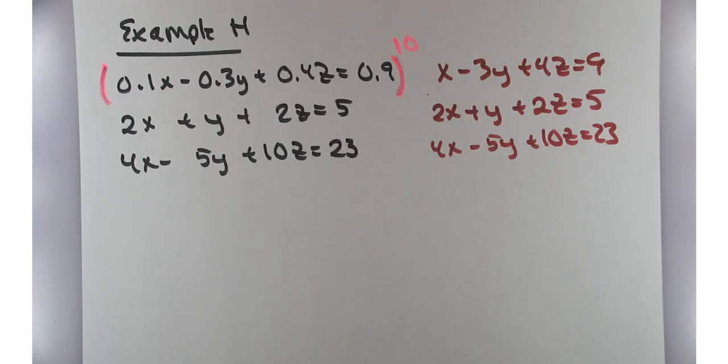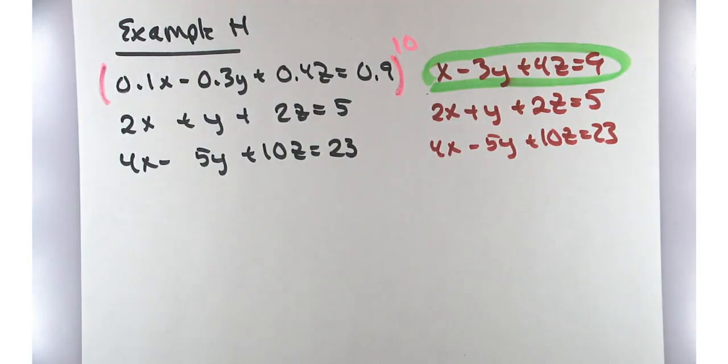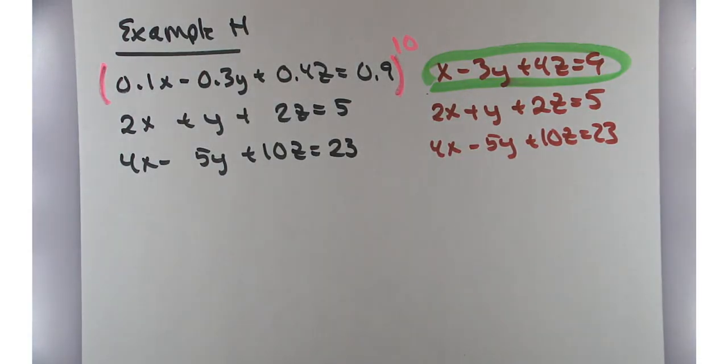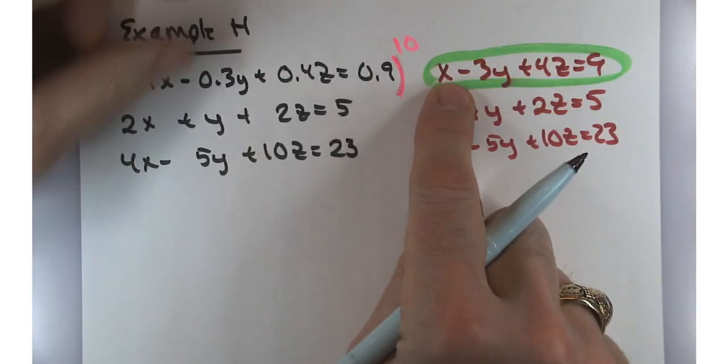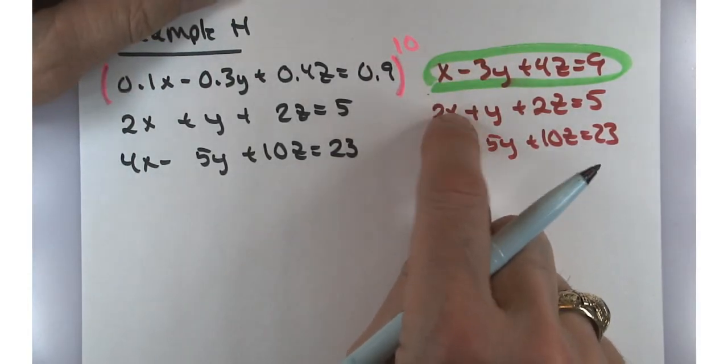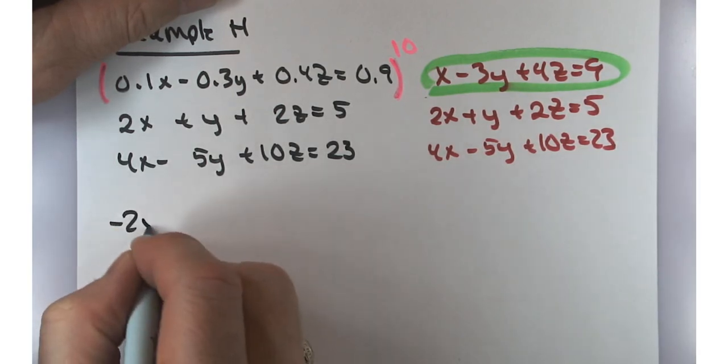X's work out pretty good. It's convenient when you can just use the first equation and eliminate the x's. Carl, what would I multiply this by to eliminate the x down here? Minus 2. So negative 2 times row 1 added to row 2.